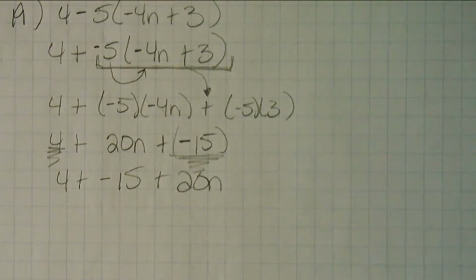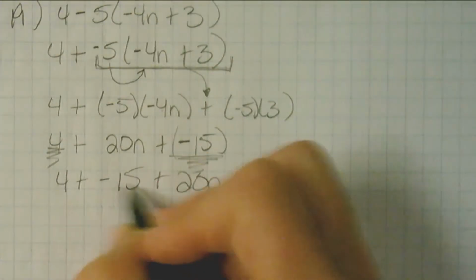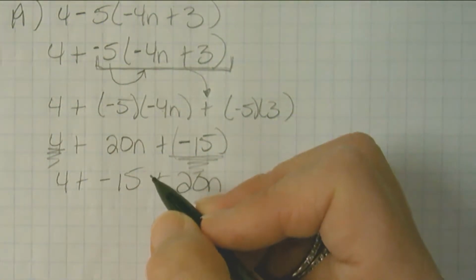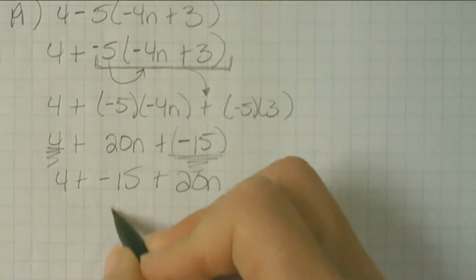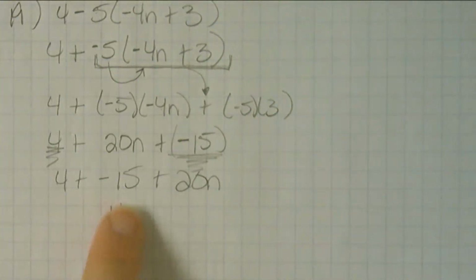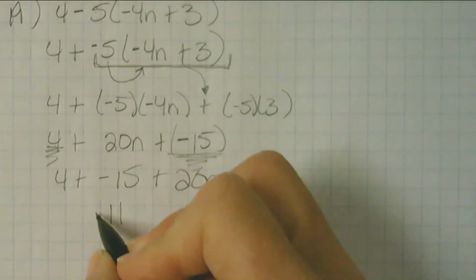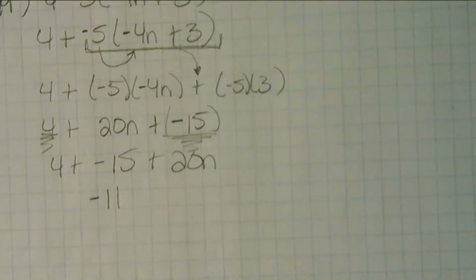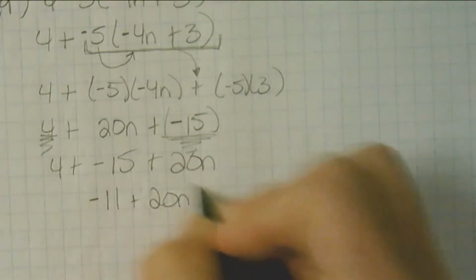Just move the like terms together. I'm adding two numbers with different signs, which means I actually have to subtract their absolute values. 15 minus 4 is 11. 15 has the greater absolute value. It's negative, so our 11 is negative. Remember, we did that in the last chapter. You guys should be able to do that absolute value work in your head now. All right, plus 20n.